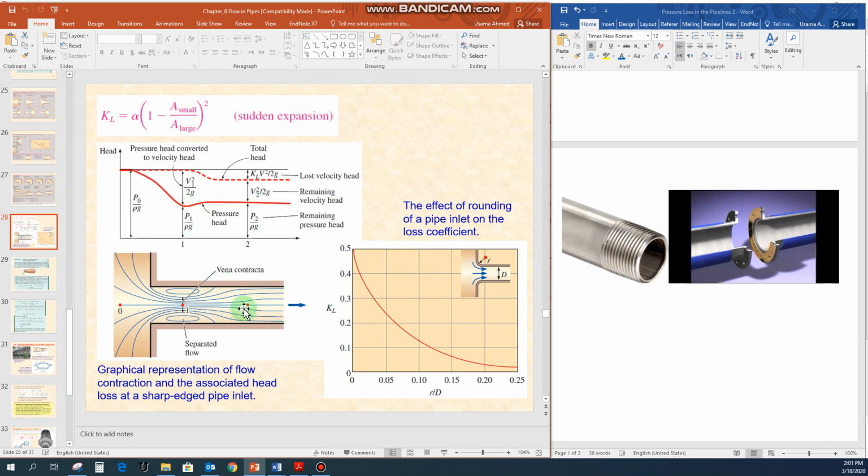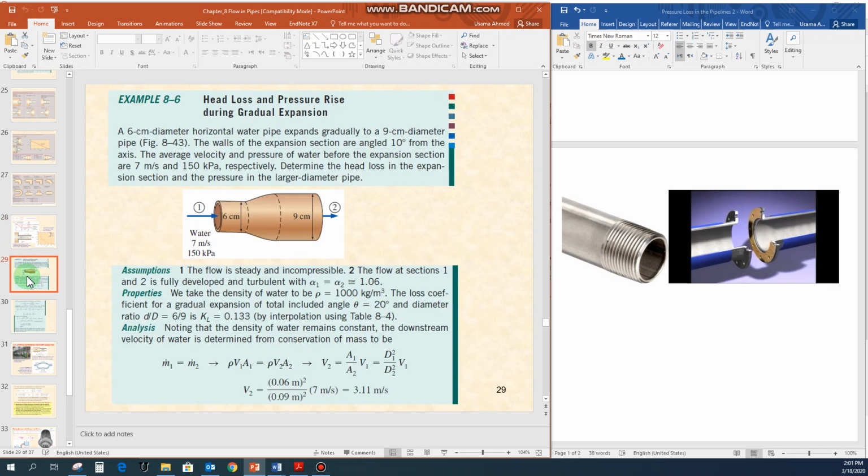At point 2, there is some value for the pressure head, some value for the velocity head, and there is some loss coefficient. Some head loss will be in the system due to this contraction of the fluid within this pipeline. That represents the head loss in the system, KL V squared by 2g, that is the lost velocity head.